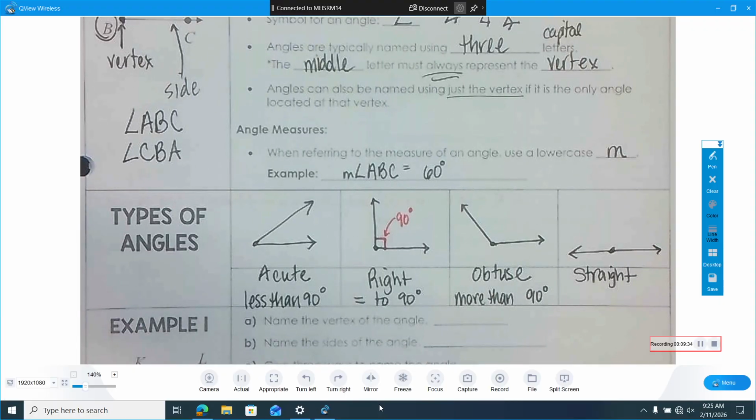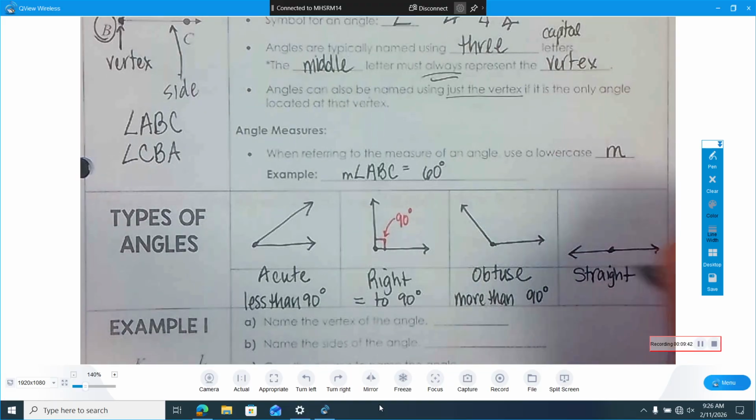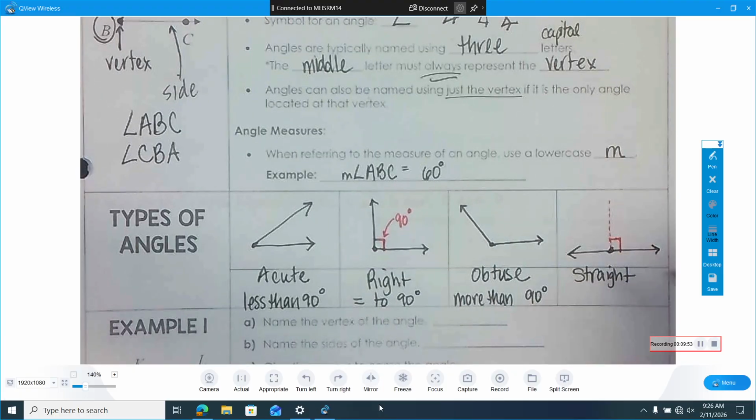How many degrees is a straight angle? 180. Very good. How do we know that it's 180 degrees? What if I drew in a little imaginary right angle right here? 90 plus 90. Very good.